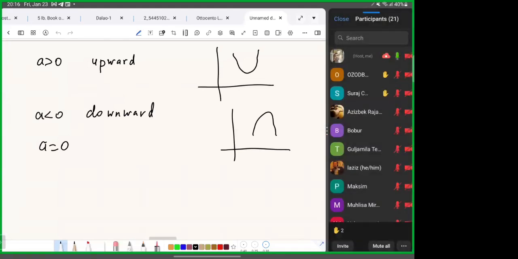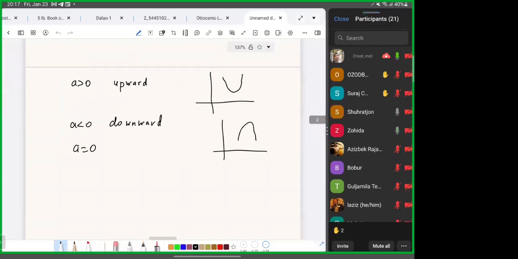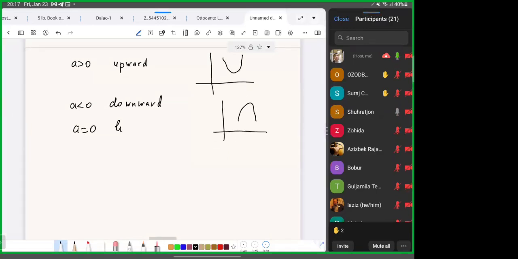You can speak. A quadratic function. Yeah, when a equals 0, what happens? It won't be quadratic anymore. It will be a linear function, yes? Very good. When a equals 0, it will be a linear function, not a quadratic function. So we should ignore this case.